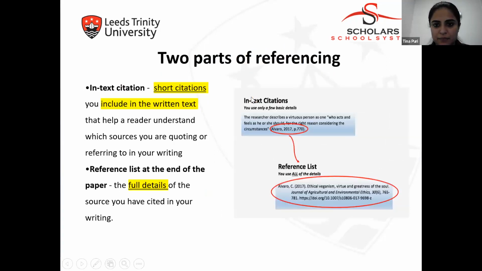There is a red mark after the text and a circle, and in that circle it is written surname, year and page number. That is called an in-text citation. Now at the bottom, you can see the reference list, where a detailed reference is written. The reference list at the end of the paper gives the full details of the sources you have cited in your writing.